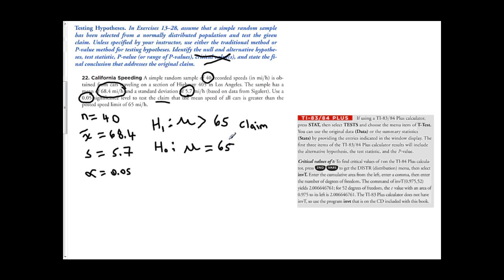So this is our null and alternative hypothesis. Now that we have all that information, we can put it into our TI-83, and that will allow us to get the test statistic and p-value and all that other information.